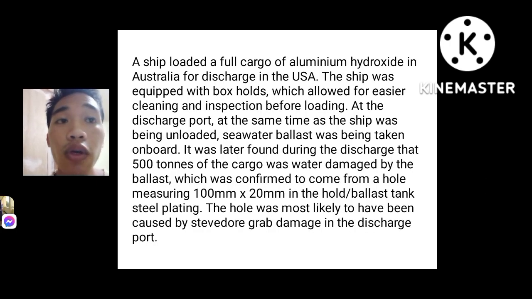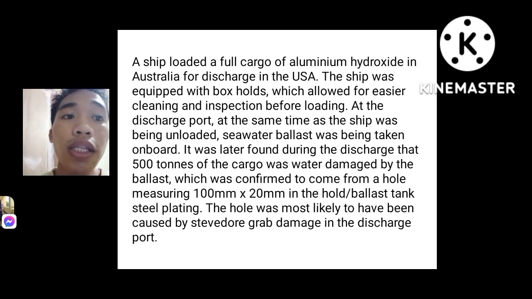A ship loaded a full cargo of aluminum hydroxide in Australia for discharge in the USA. This is an example of loading and unloading. The ship was equipped with box holds, which allowed for easier cleaning and inspection before loading. At the discharge port, at the same time as the ship was being unloaded, seawater ballast was being taken on board.